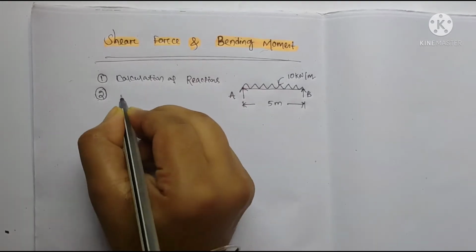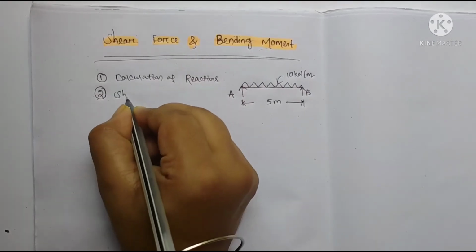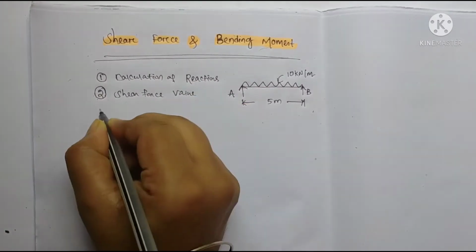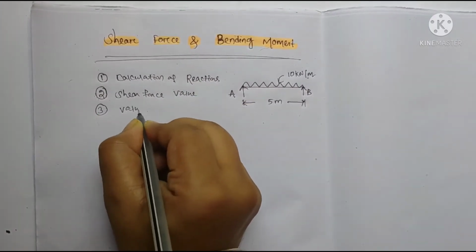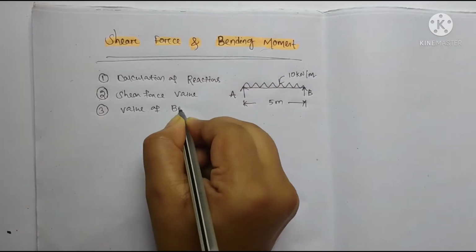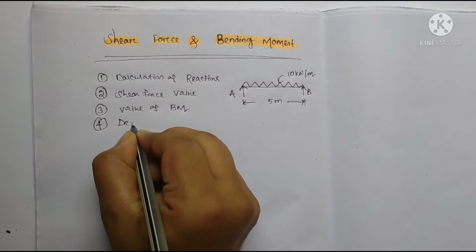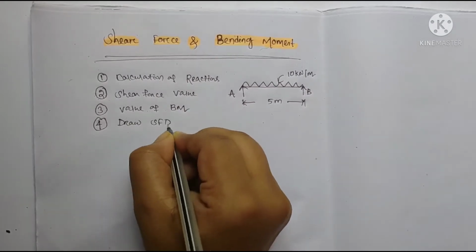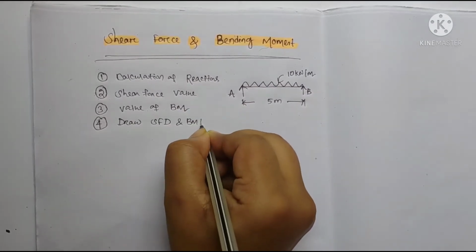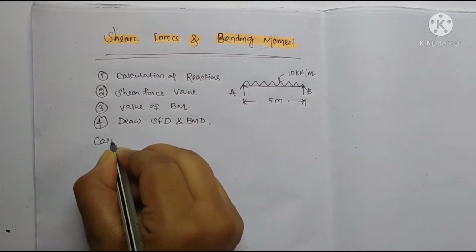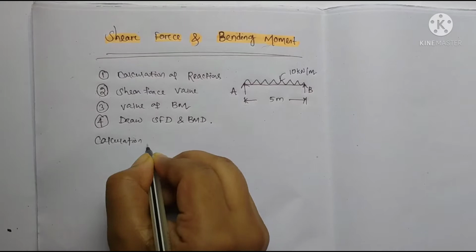Then we calculate the shear force value, then the value of bending moment, and the final stage is to draw the SFD, that is shear force diagram, and the BMD. Okay, let's start. First, calculation of reaction.